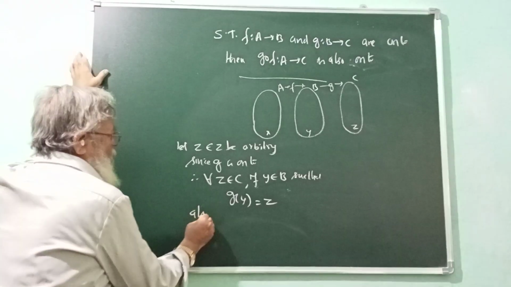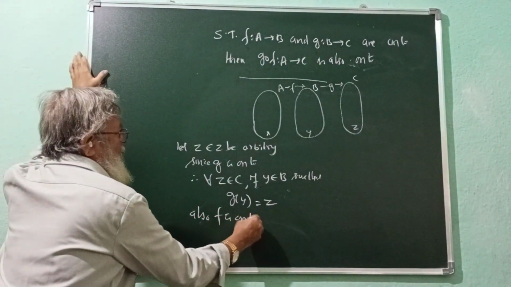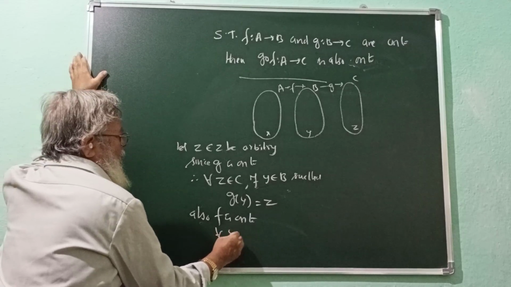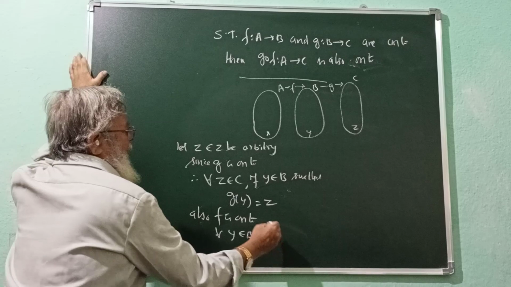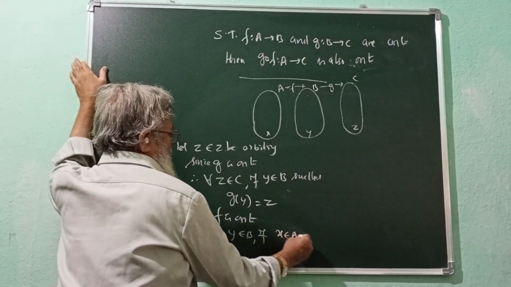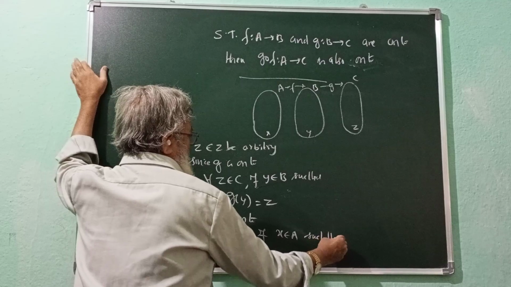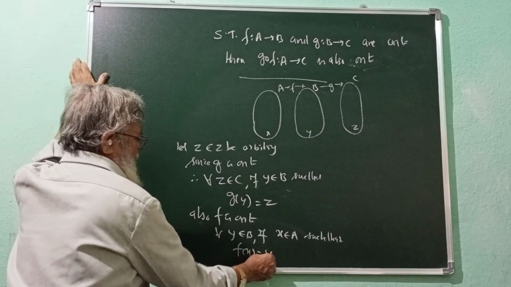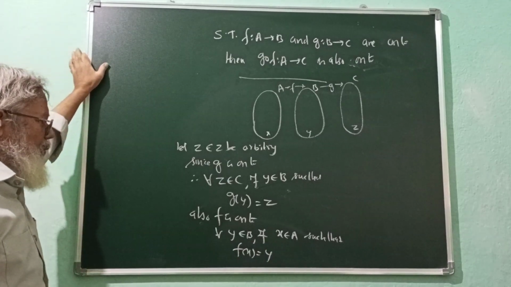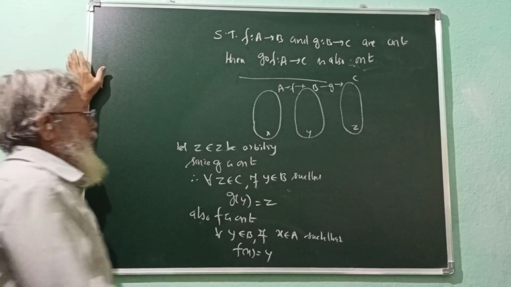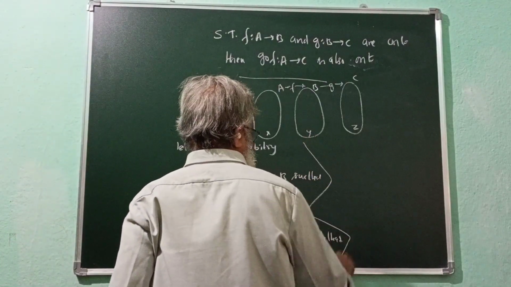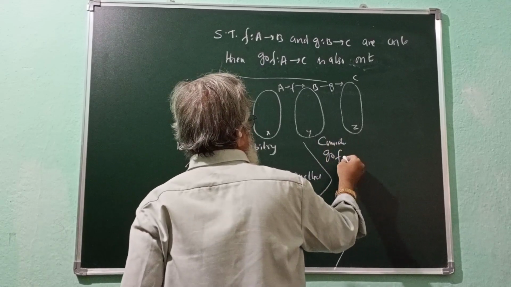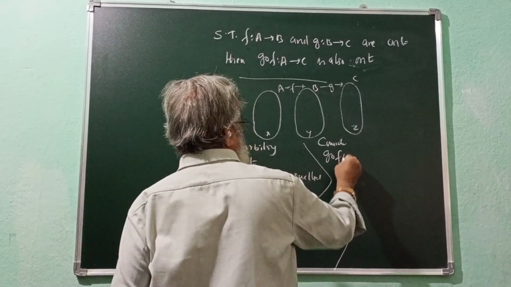Also f is onto. f is onto means what? For every y belongs to B, there exists x belongs to A such that f of x is equal to y. Now consider g composition f of x.